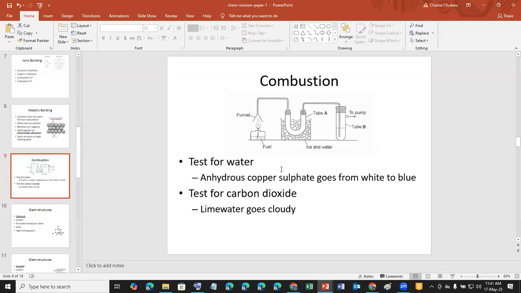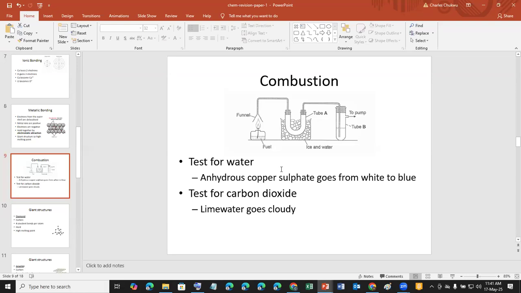Okay, so this is an experiment, a test for water and a test for carbon dioxide. Test for carbon dioxide: lime water goes cloudy. Lime water is Ca, it has something to do with calcium, though.